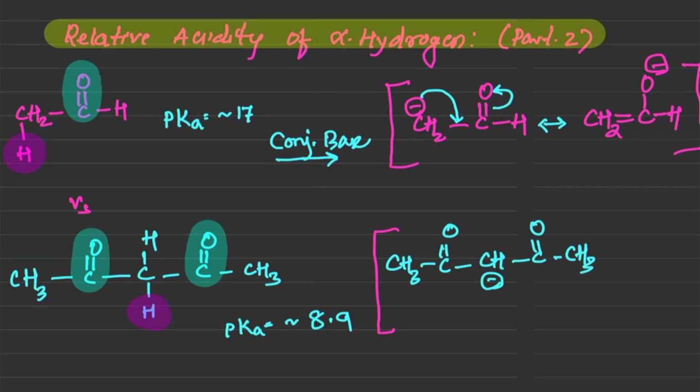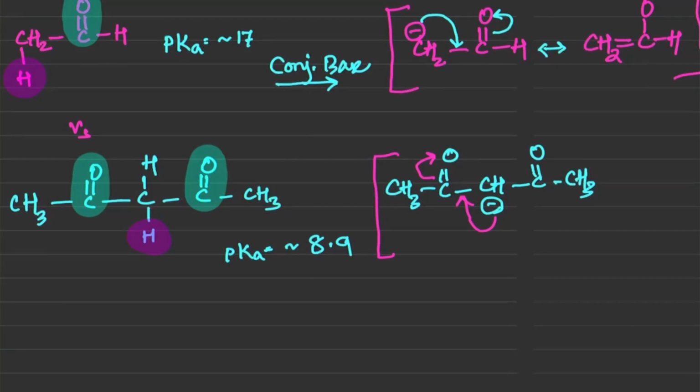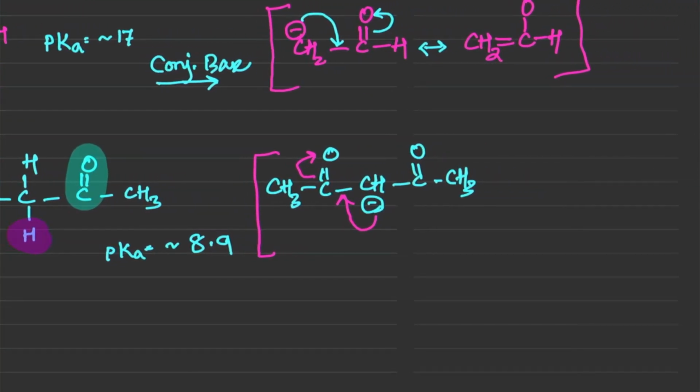We can delocalize this negative charge to the left side. I can have a situation that looks like this, where the negative charge is delocalized across the CO bond to the left side. And you can do the same to the right side.